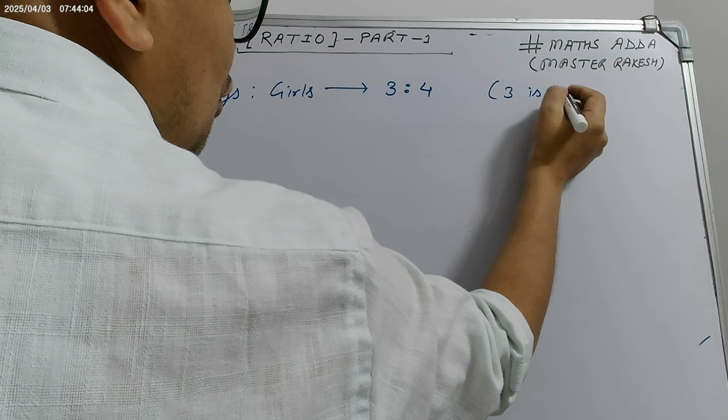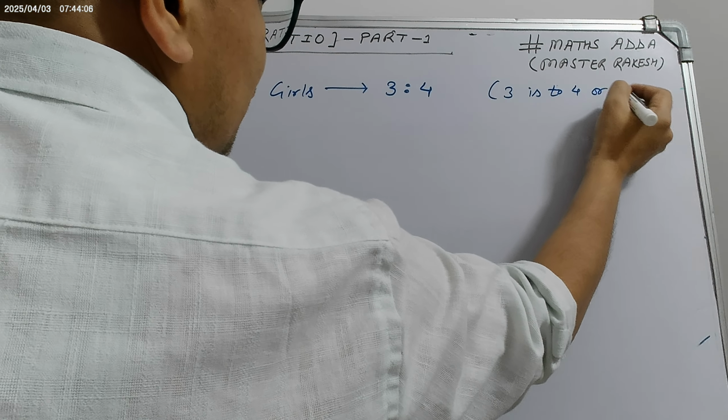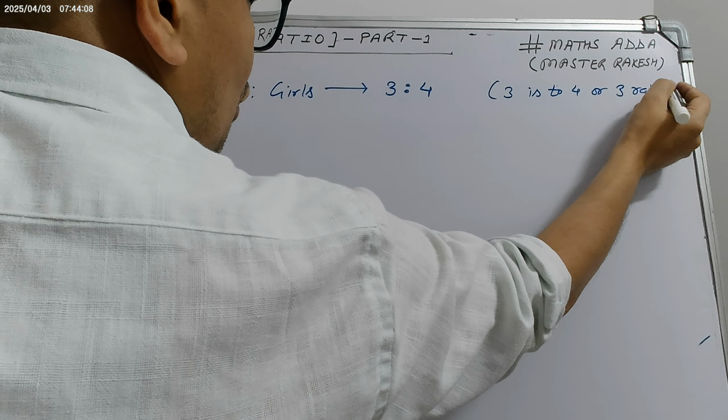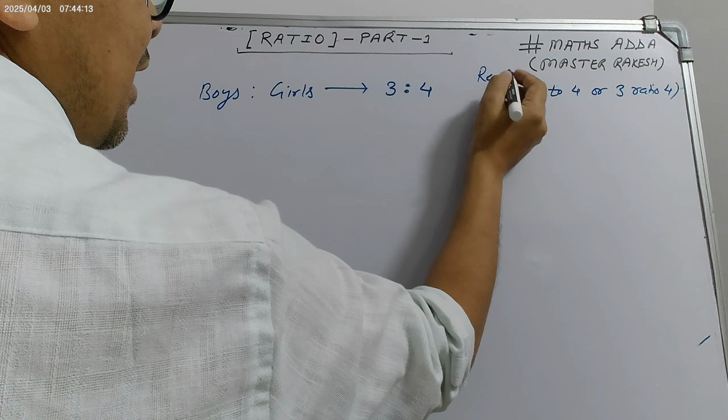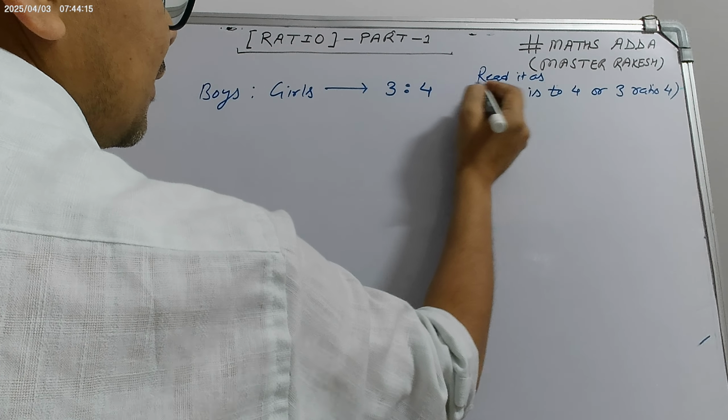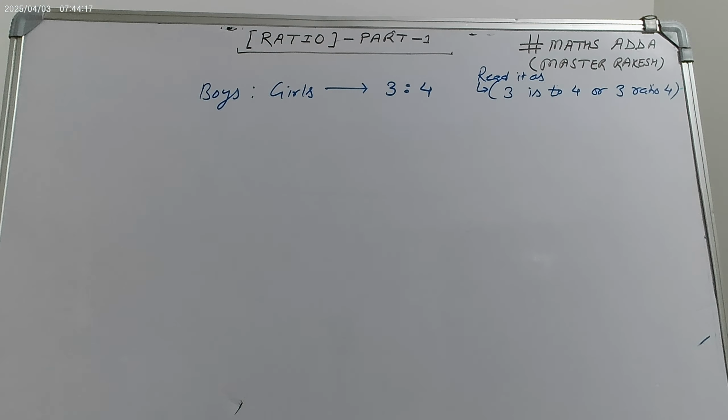Both you can read it. Boys ratio girls in a class is 3 is to 4.